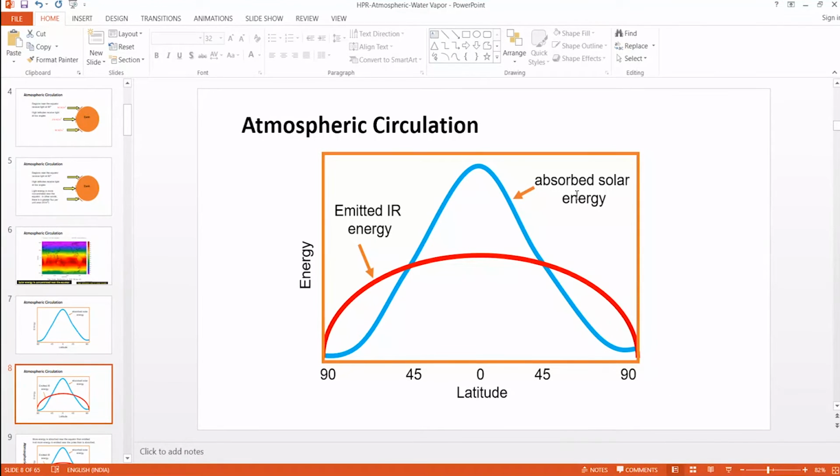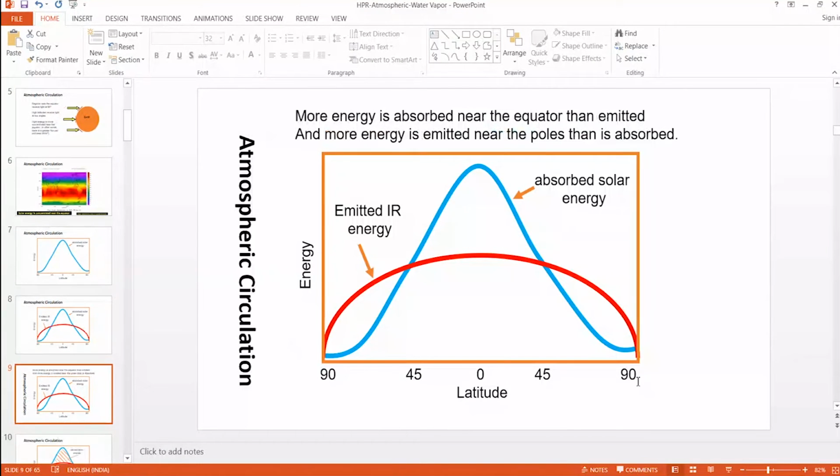Whereas the absorbed energy is much higher near the equator. So there is a transfer of energy from the equator to the poles, and this transfer of energy drives the winds. This atmospheric circulation is driven by this variation in the absorbed energy from the equator to the poles.